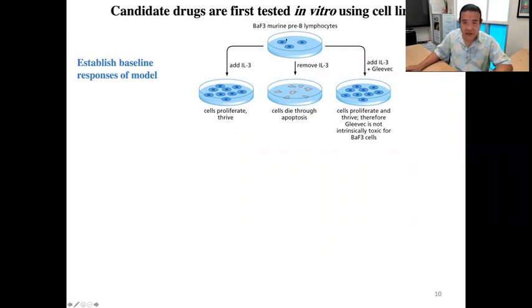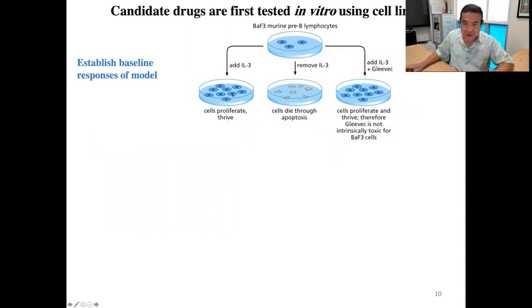So here are some healthy, normal pre-B lymphocytes. These are sort of like stem cell-like pre-B cells that are growing. And these B cells need interleukin-3 as a signal to proliferate. So in your experiment, you can treat one dish of these cells with IL-3, and sure enough, these healthy pre-B lymphocytes begin to divide.